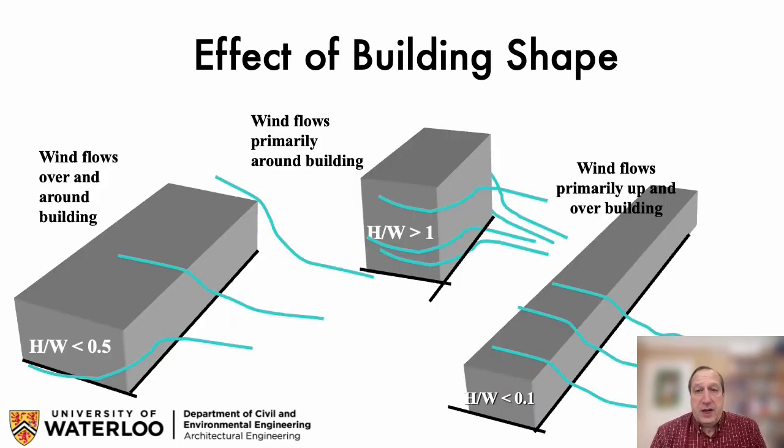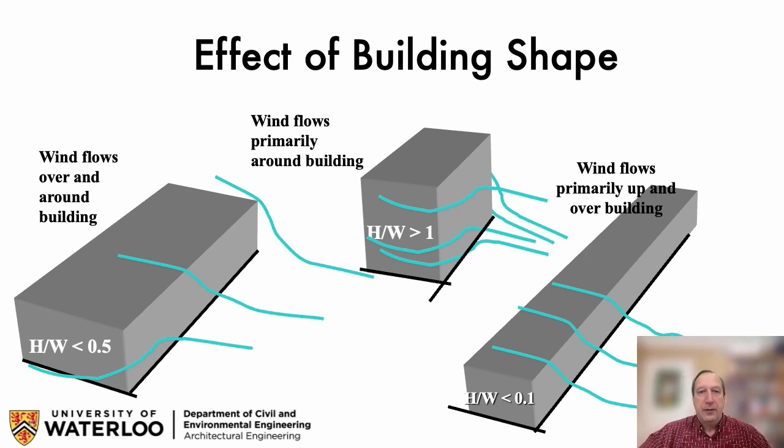Now, the building shape, or massing, if you will, also matters, depending on whether the wind is going up and over or around the building. When the wind is moving, it is taking raindrops with it. And, of course, big raindrops can't turn corners quickly because they have momentum, versus small drops, which can.